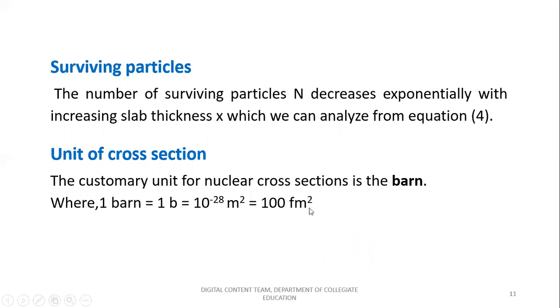This unit Barn is taken as it is of the same order of magnitude as the geometrical cross section of the nucleus. Since it is so handy and resembles the magnitude of the geometrical cross section, the unit Barn is taken into consideration.